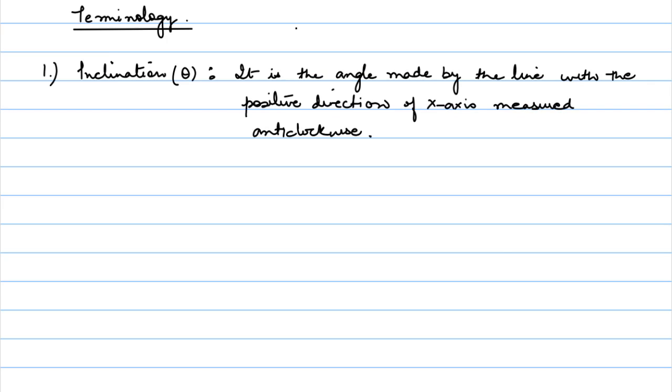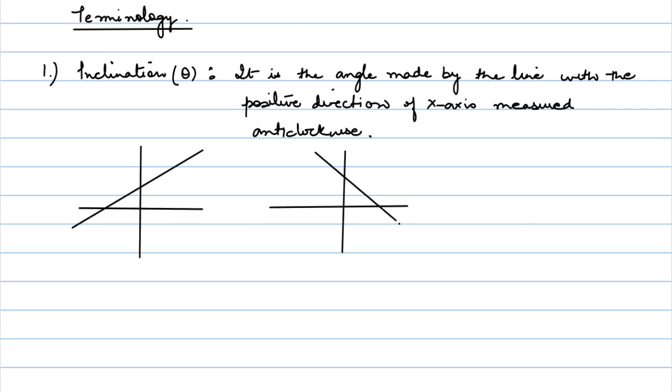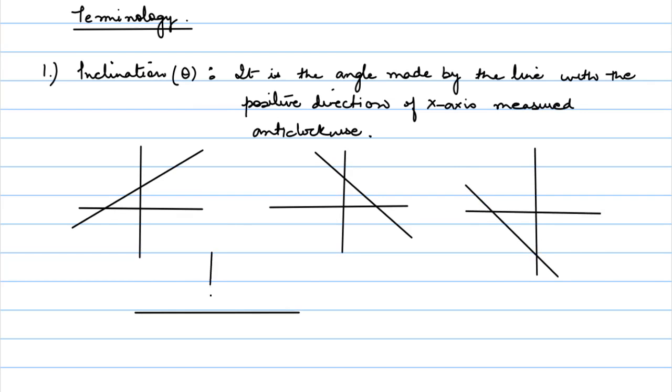Now, what do we mean by this definition? For example, we have a straight line like this, or like this, or like this. Inclination is the angle made by the line with the positive direction of the x-axis, measured anti-clockwise.